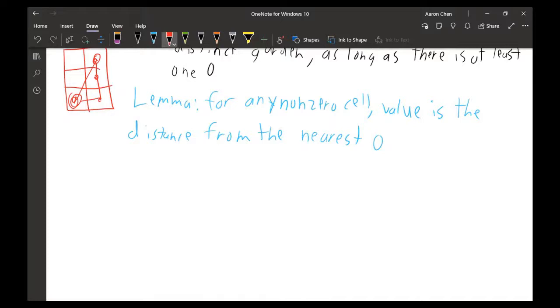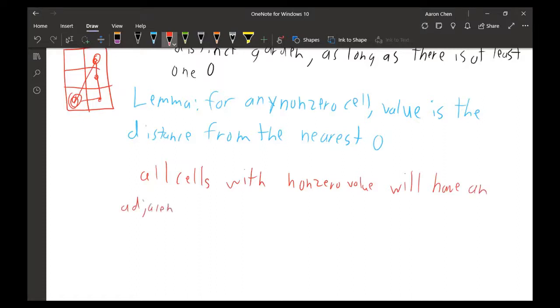So all cells with non-zero value will have an adjacent cell with less value. And so that means that the path from the cell of non-zero value to zero is always decreasing.